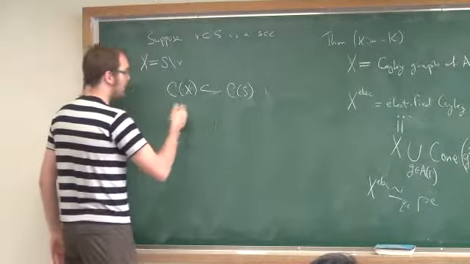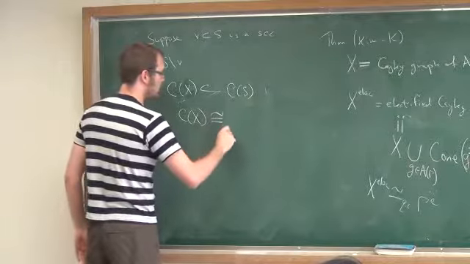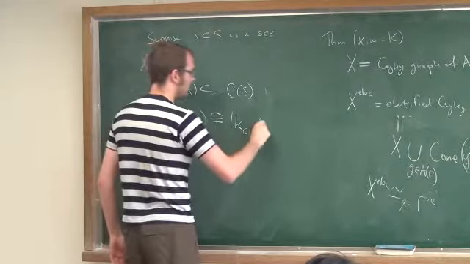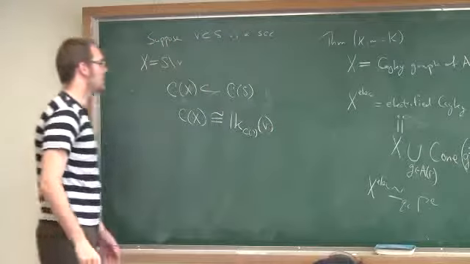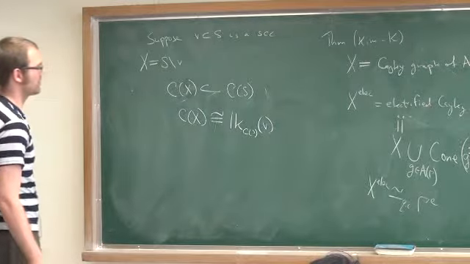One can think of the curve graph of X as naturally identified with the link in the curve graph of S of V, because the non-peripheral curves of X are precisely the curves on S which are disjoint from V.